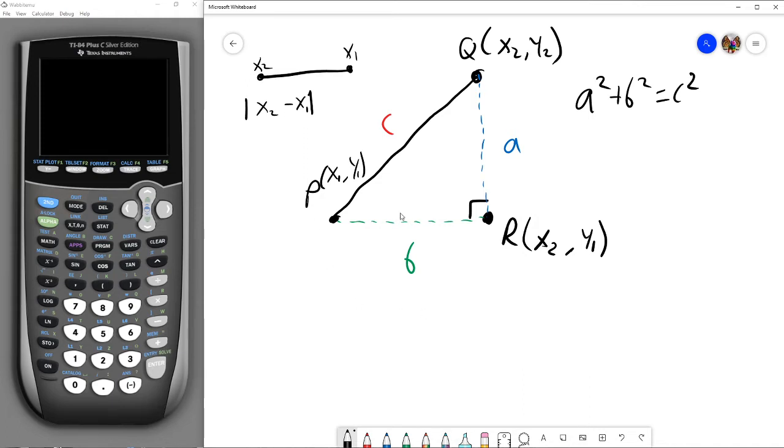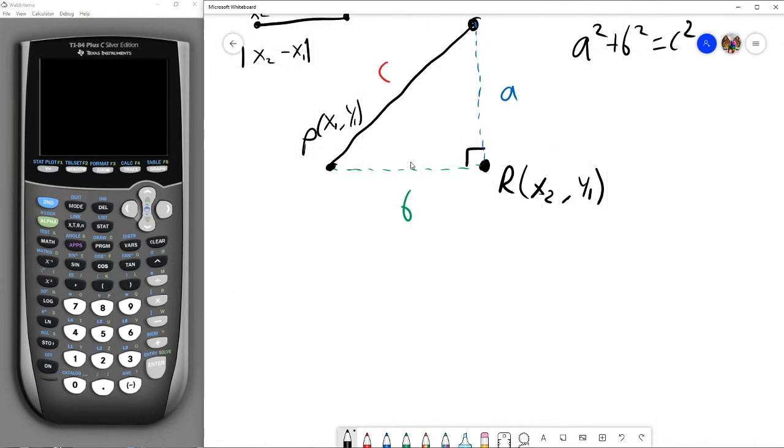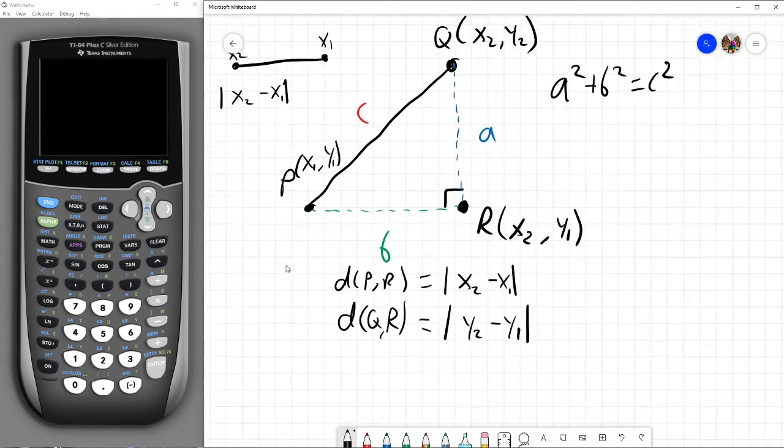We can now use that idea to get the distance from P to R. Since P to R is this nice horizontal line, the distance from P to R is going to be the absolute value of x2 minus x1. Similarly, the distance between Q and R is going to be the absolute value of the y coordinates, y2 minus y1.